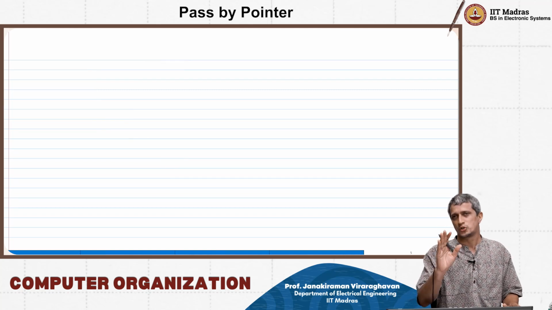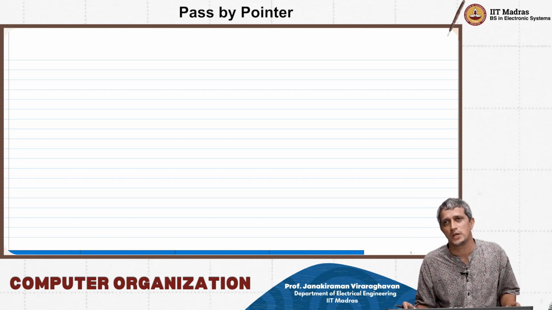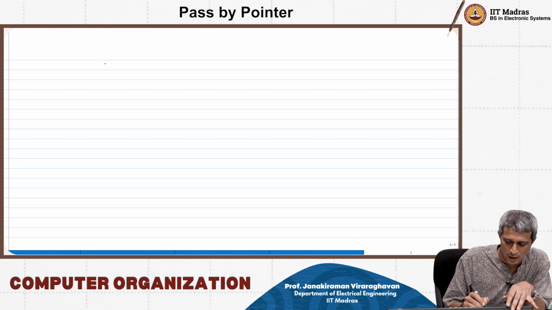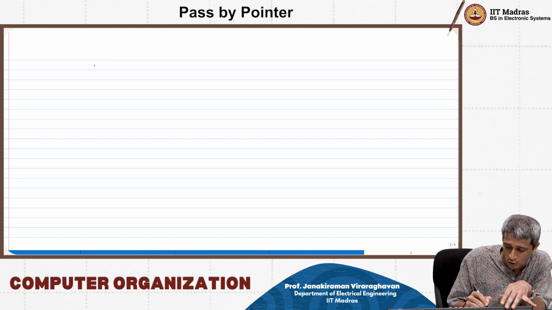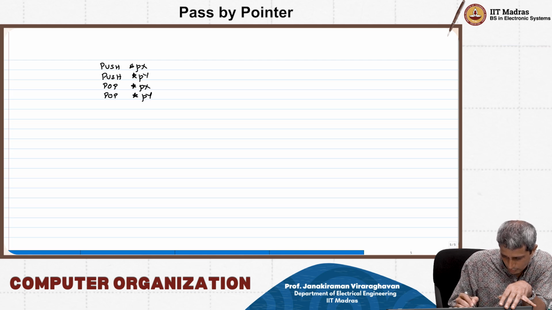Okay, so finally I would like to conclude by coming back to one of the initial points that we had made: what we actually wanted to do. I also wrote some pseudo code: push star px, push star py, pop star px, pop star py.